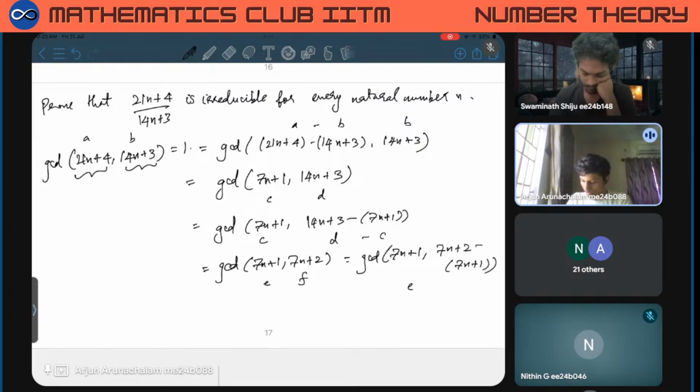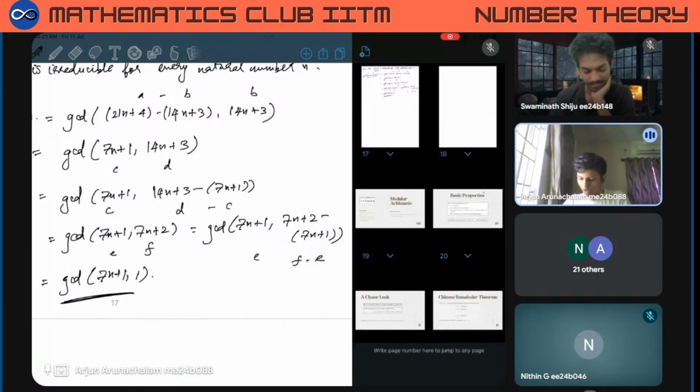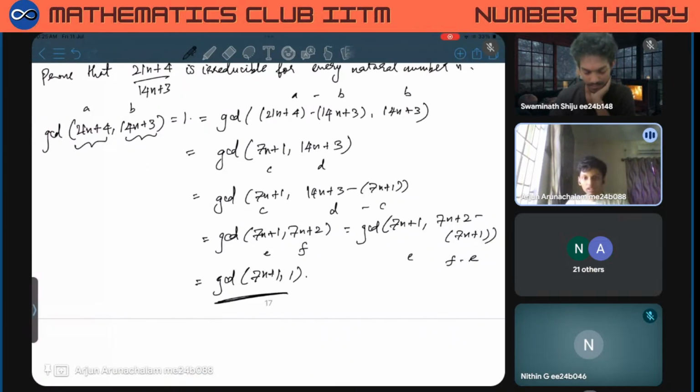So this is E and this is F minus E. You get GCD of 7n plus 1 and 1. So if you are doing the GCD of some number and 1, the largest integer that divides both the number itself and 1 is 1, right? So this is just 1.